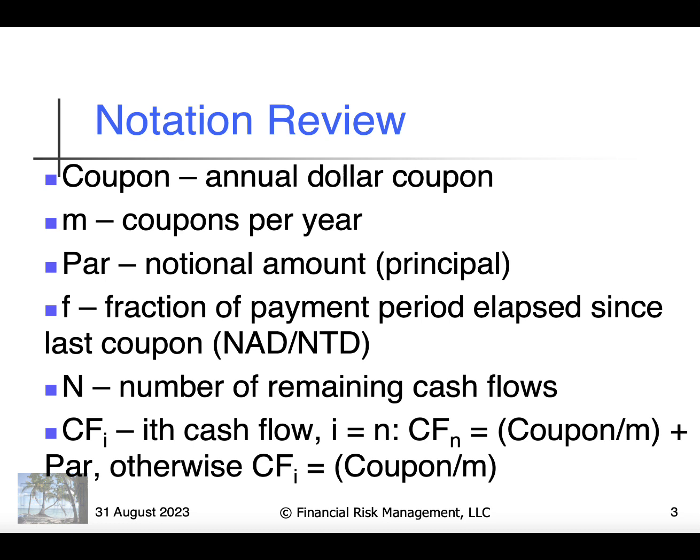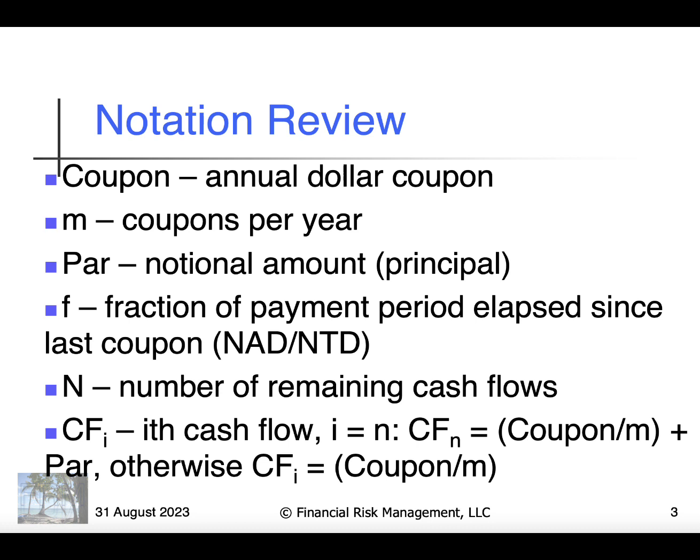Again, the notation like before, we have some annual dollar coupon amount. We have the number of coupons per year. Par is the notional amount or notional principal. The lowercase f is the fraction of the payment period elapsed since the last coupon. That is measured in a number of accrued days since the last coupon payment up to the settlement date, divided by the number of total days within this period, typically semi-annual.